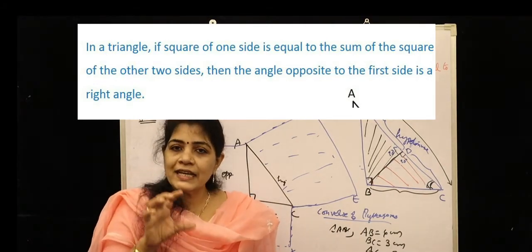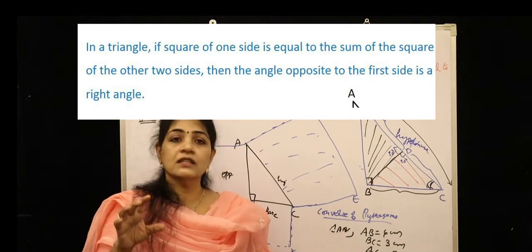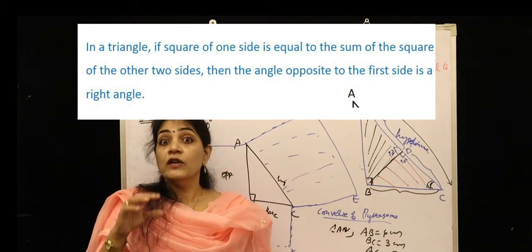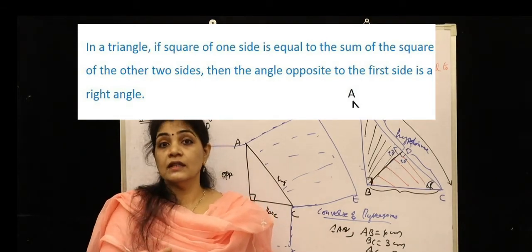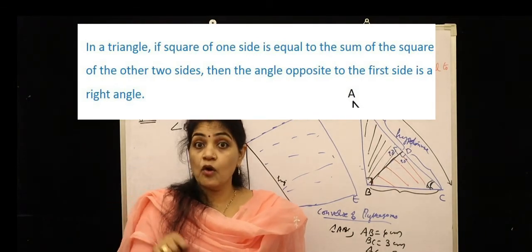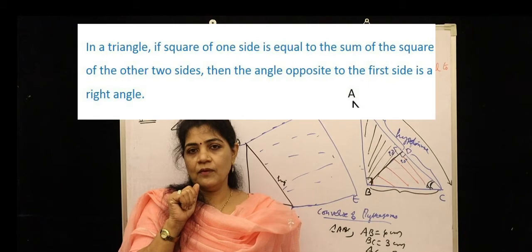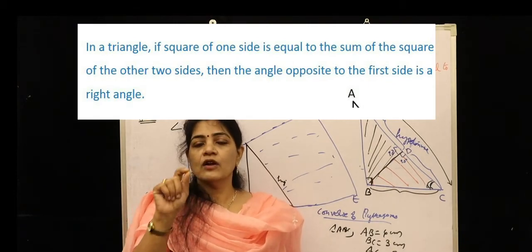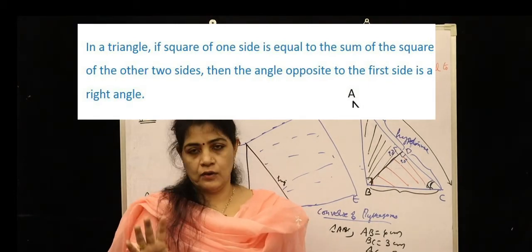So in order to check whether the measurements of the three sides of a triangle will form a right triangle or not, there comes the application of the converse of Pythagoras theorem, to check whether any one of the angles is 90 degrees or not.